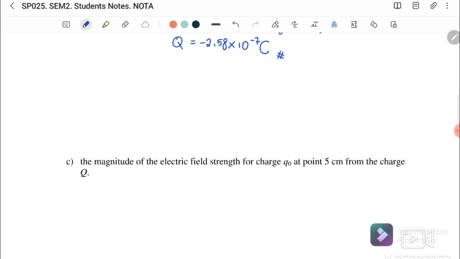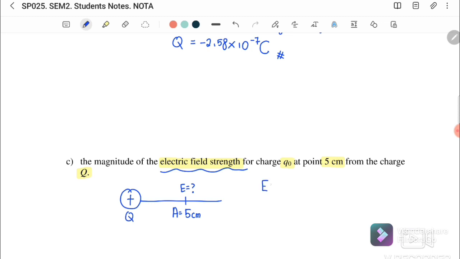Next, find the magnitude of the electric field strength for the charge Q at the point 5 cm from the charge Q. This is the point charge Q. We want to find, at 5 cm, meaning at point A here, the value of the electric field strength.